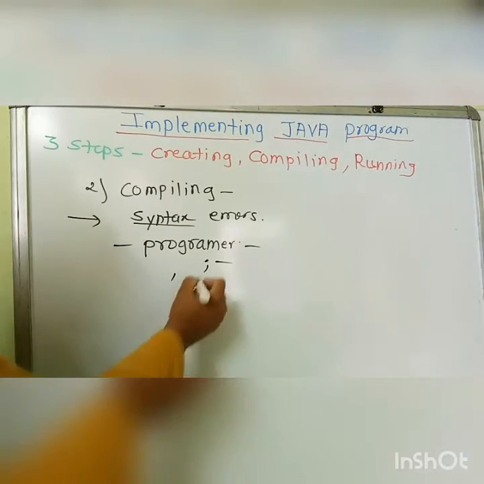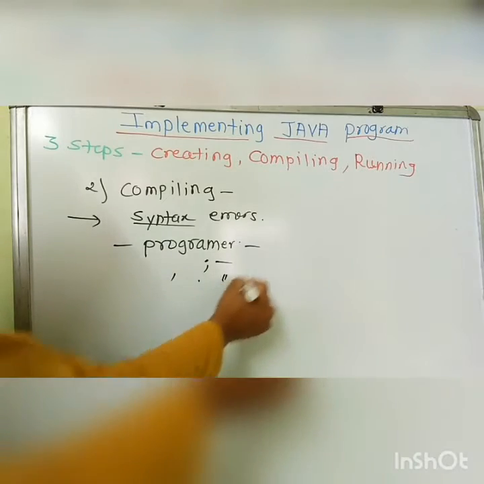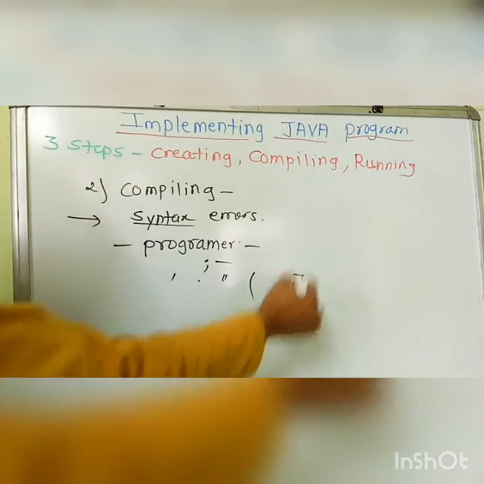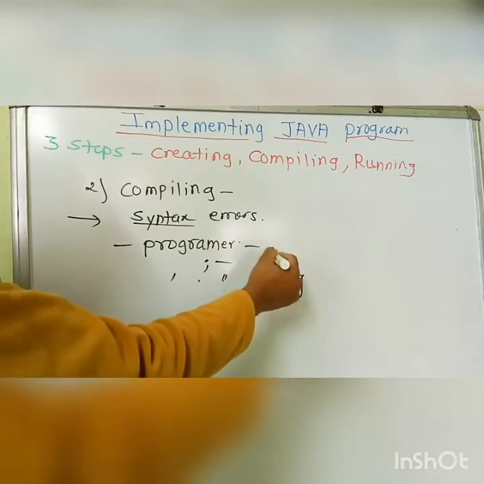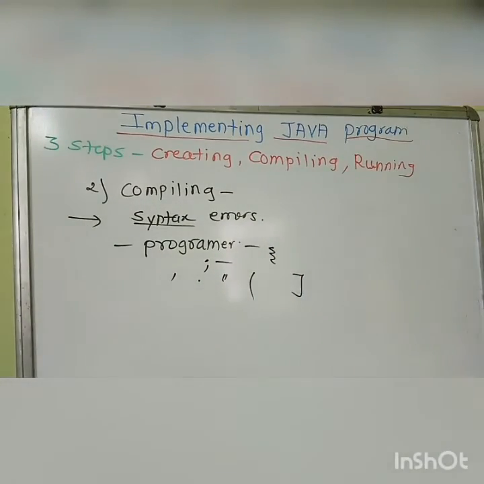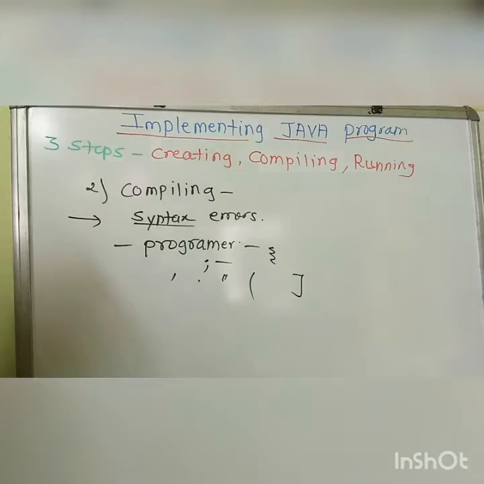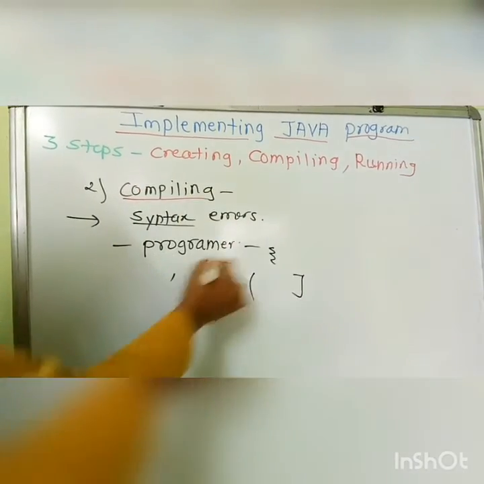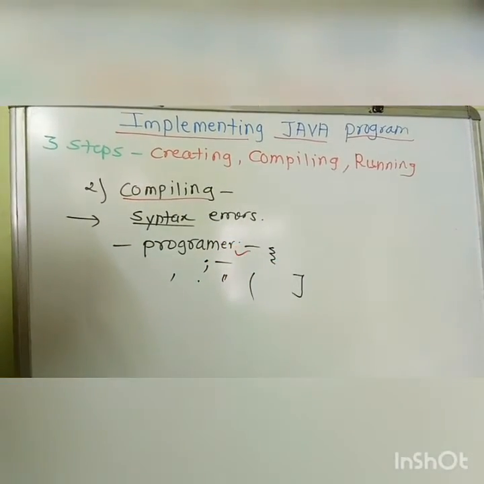If a comma is missing, a dot is missing, any quote is missing, any bracket or square bracket is missing, any opening is missing, such errors made by a programmer are counted as compilation errors. The programmer is not aware of these errors at the time of writing, but when the program is compiled, these errors are caught in the compilation process.